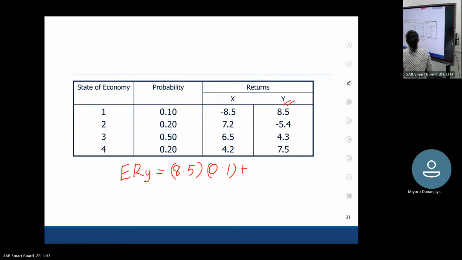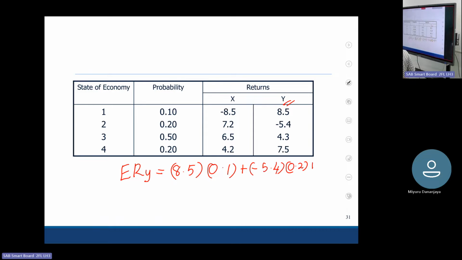Plus, if the second state of economy occurs, forecasted return minus 5.4, probability of occurring 0.1.